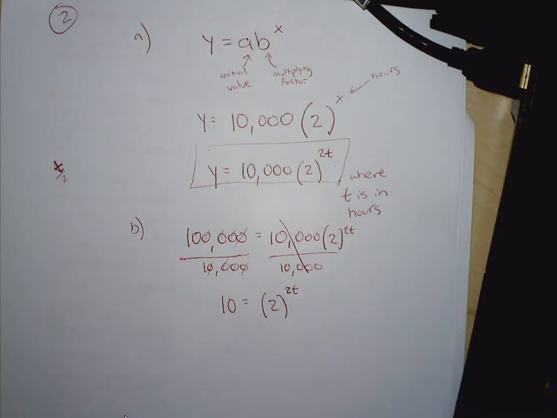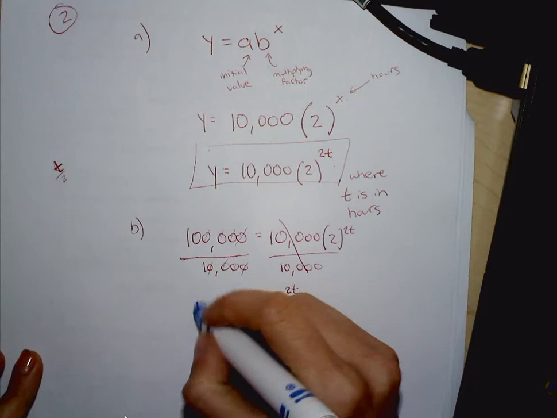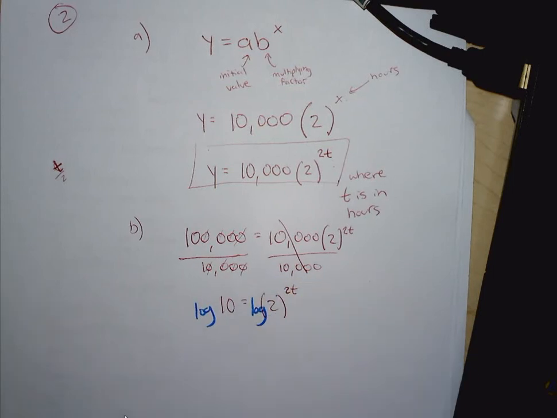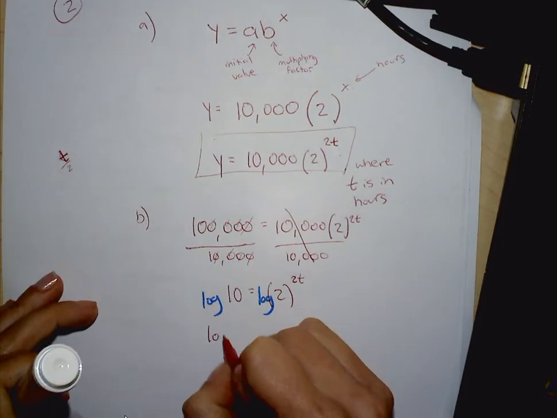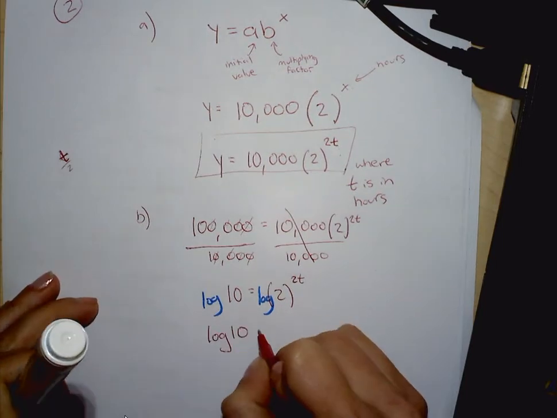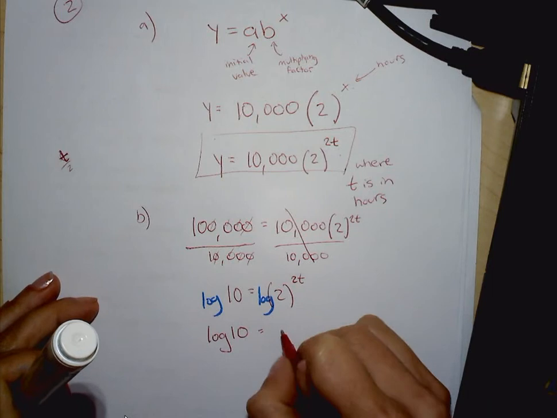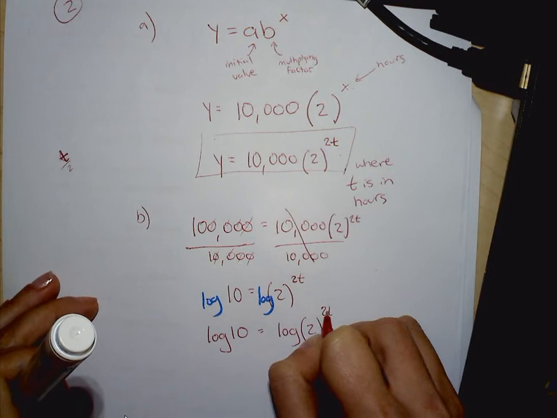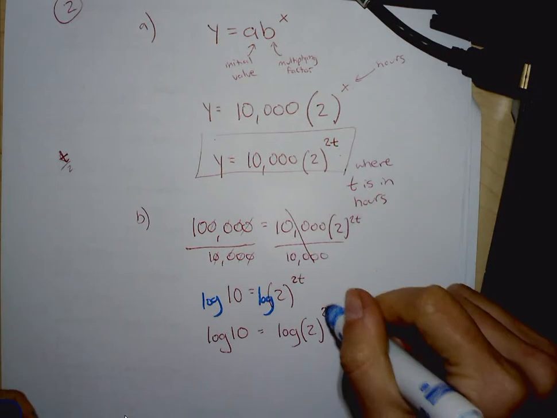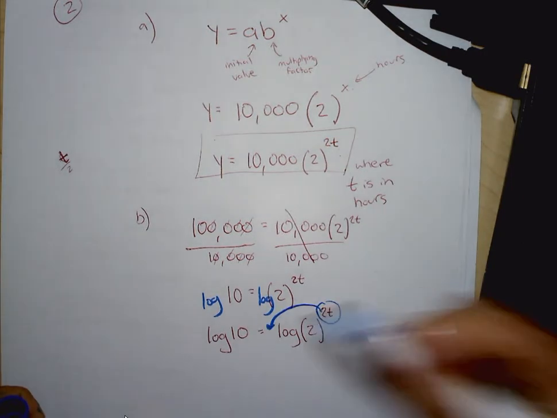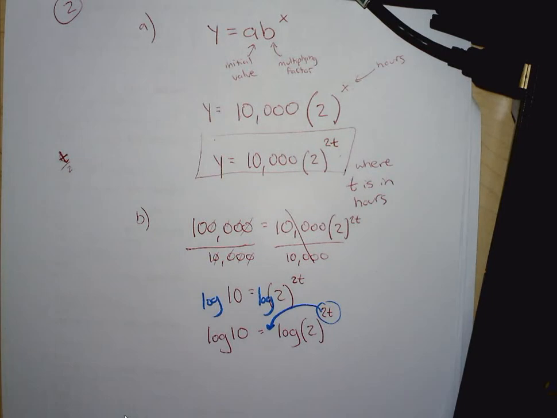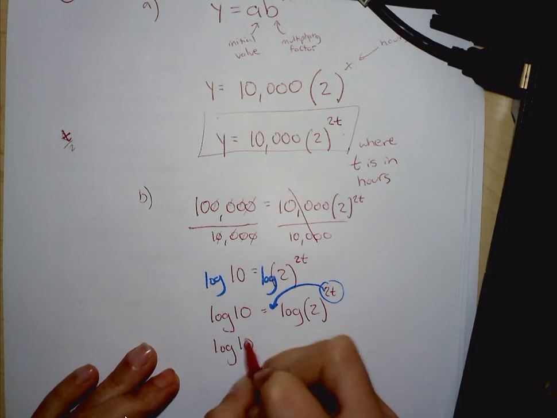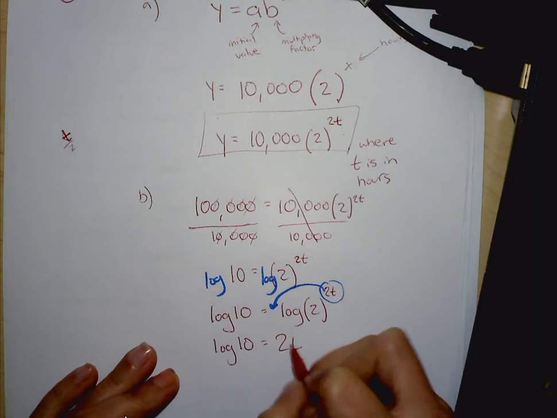So I can take the log of both sides. The whole point of taking the log of both sides is now to bring down my exponent so it's a regular number now. I just got rid of my exponent. So I have log 10 is equal to 2t log 2.